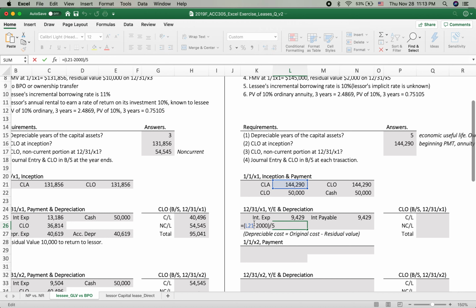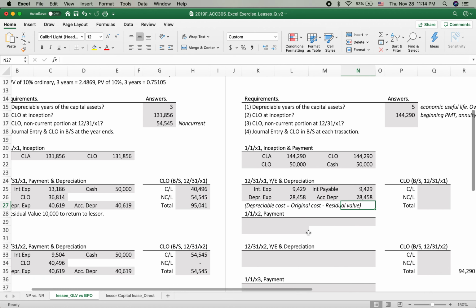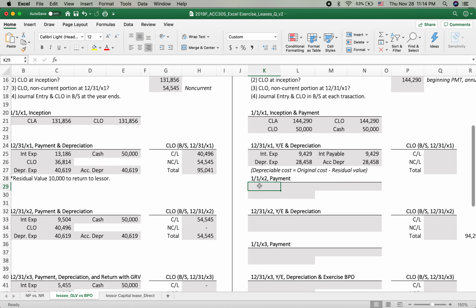Okay, then here accumulated depreciation reduces the value of the original cost of a capital lease asset, which is the same value like this. Okay, then finally, the very next day, the lessee should pay the second payment, right?